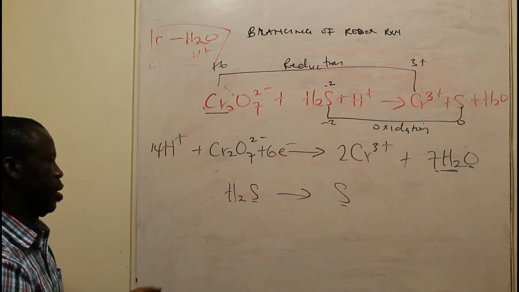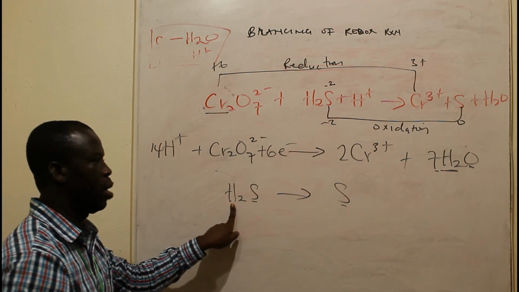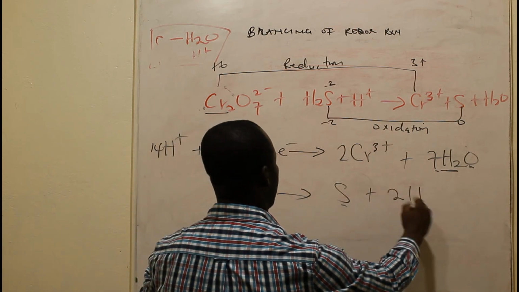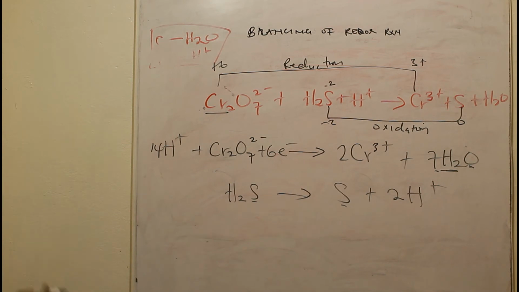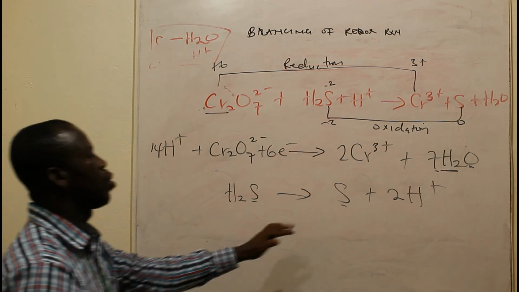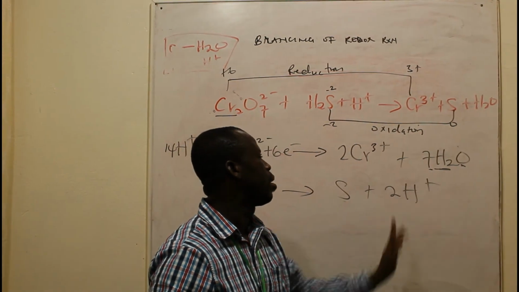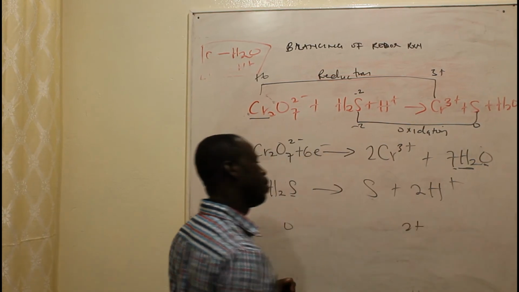Now with this, there are 2 atoms of hydrogen here, so we have to balance the hydrogen to 2H plus. When that was balanced, we have introduced 2 charges here. So the charges here are 0 here, 2 plus here.